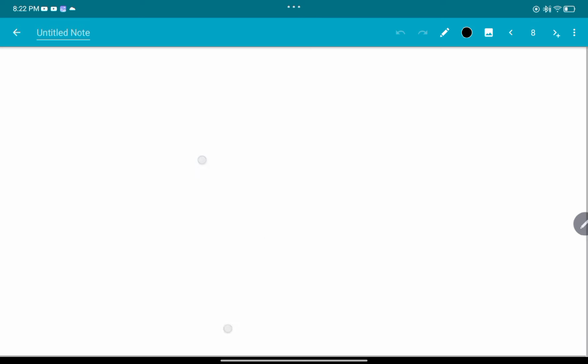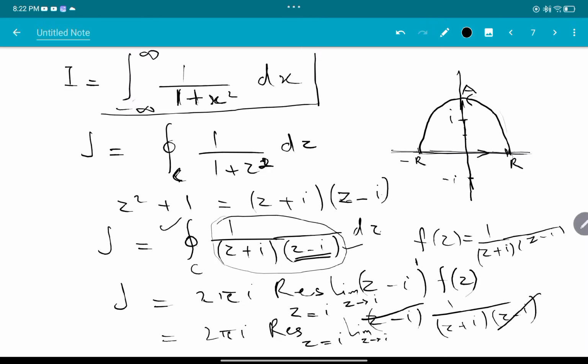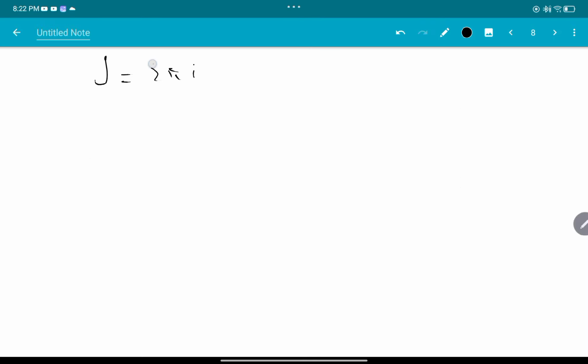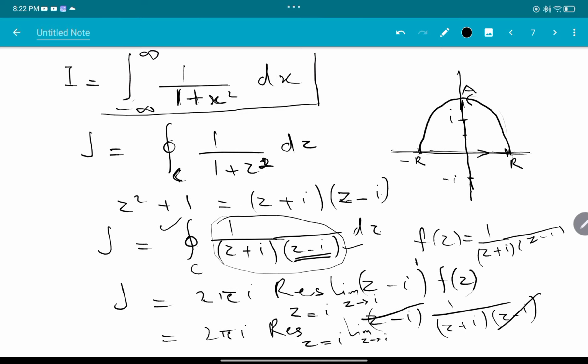Then J is equal to 2 pi i times the residue at z equal to i.